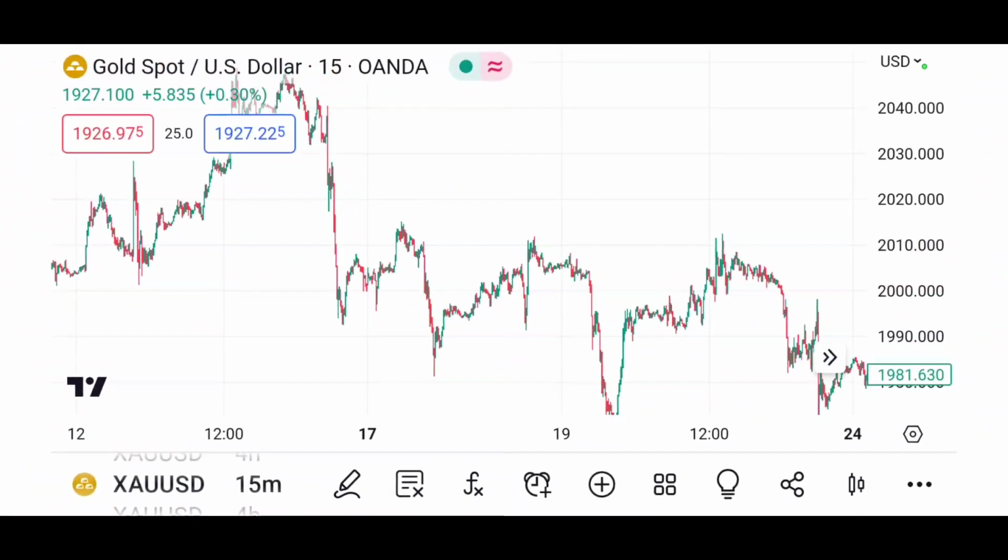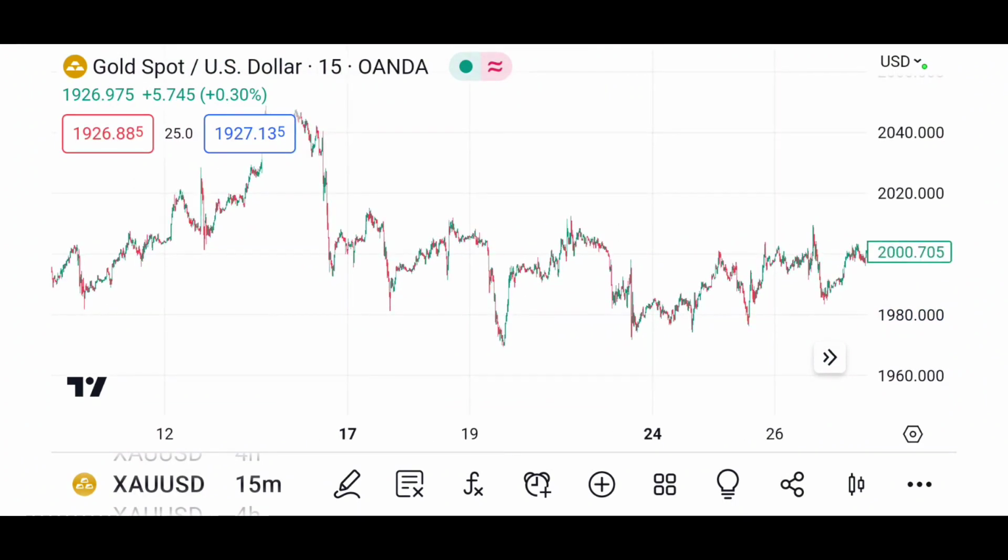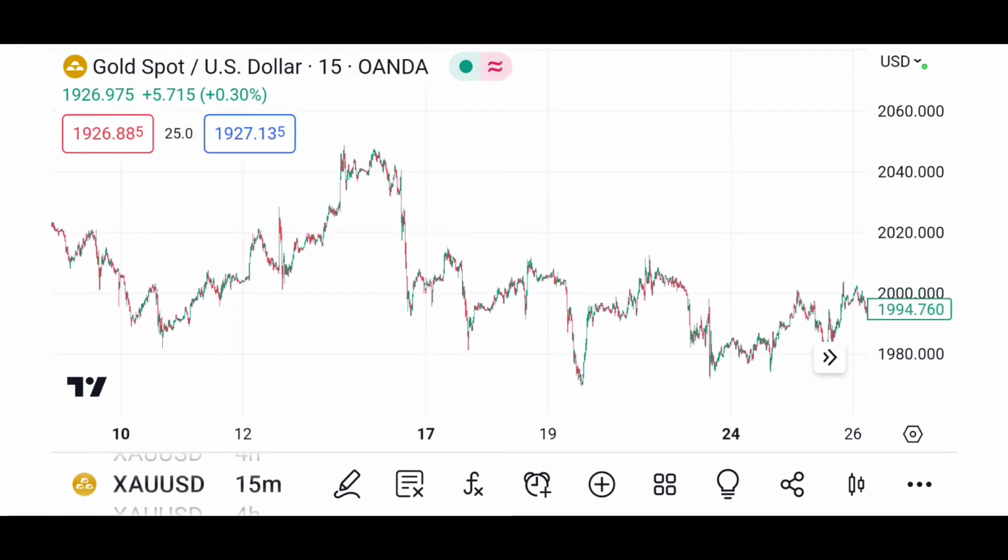All right, so when we get here, you would notice that markets, after breaking structure here, first created a high, a low, a lower high, a lower low, a lower high, a lower low, a lower high.